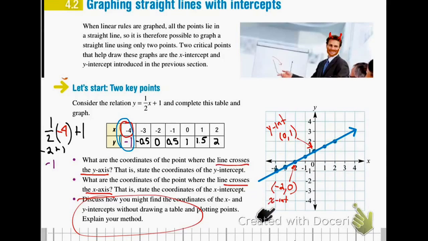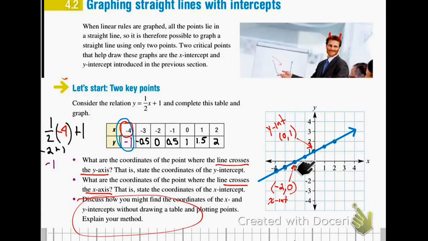And where the x-intercept is, you have a y value of 0. And that's always going to be the case no matter what line you have. Because wherever it crosses the y-axis, of course, the y-axis is always on x equals 0. And where it crosses the x-axis is always on y equals 0.